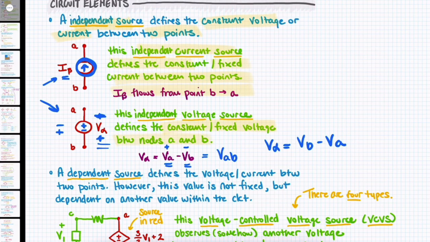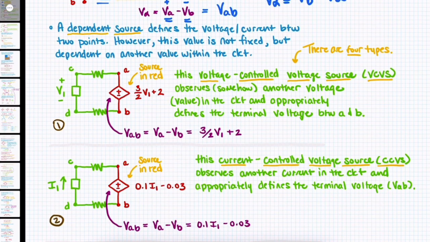And for the dependent voltage source, you'll still have the plus and minus in the center. But what tells us that these sources are independent, meaning they're not dependent on any other value, they're constant, they're fixed, is the fact that the symbol is a circle. Now, when we move on to dependent sources, what we'll see is that they use a diamond type shape. So that indicates that we're dealing with a dependent source.